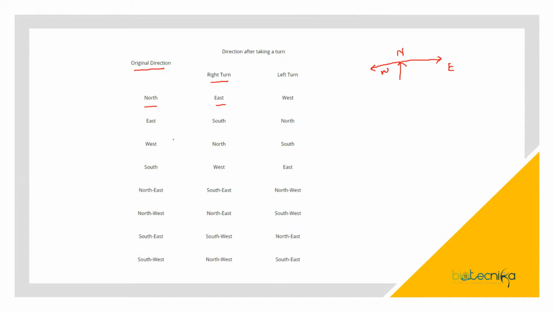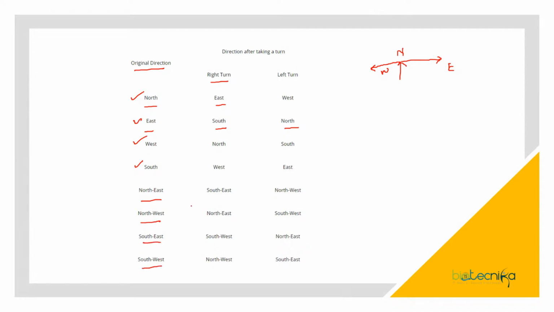Now if the person is facing towards east, then the right turn will be towards south, and the left turn will be towards north. Okay, it's very easy to remember these. You just have to remember the original directions, that is north, east, west, south, and then related to that, northeast, northwest, southeast, and southwest.